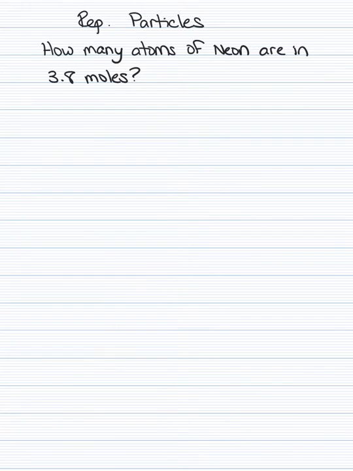Our next set of examples will be about the representative particles. Example 1, how many atoms of neon are in 3.8 moles? If we went back to our mole map, we would see that there are 6.02 times 10 to the 23rd atoms in 1 mole. So when we do this, we're going to start with our 3.8 moles of neon.